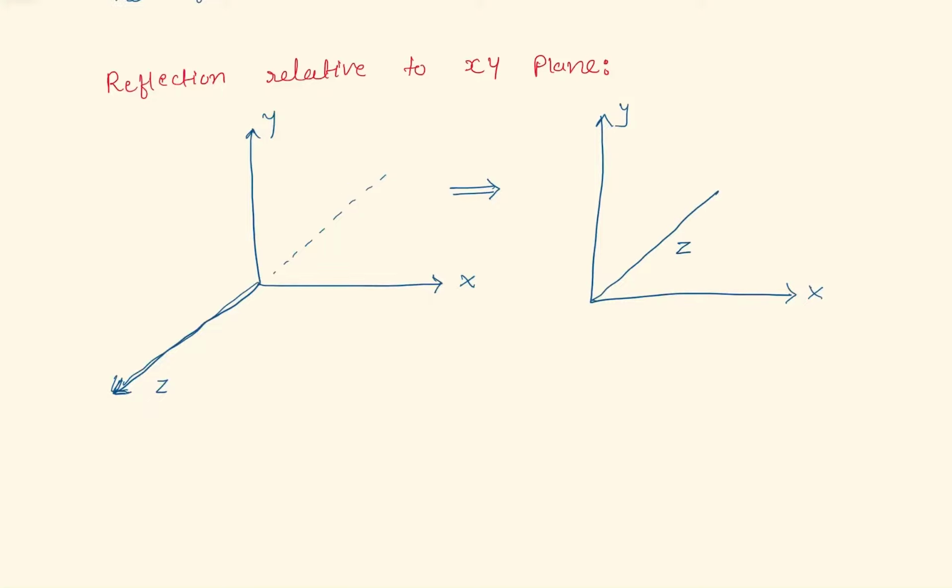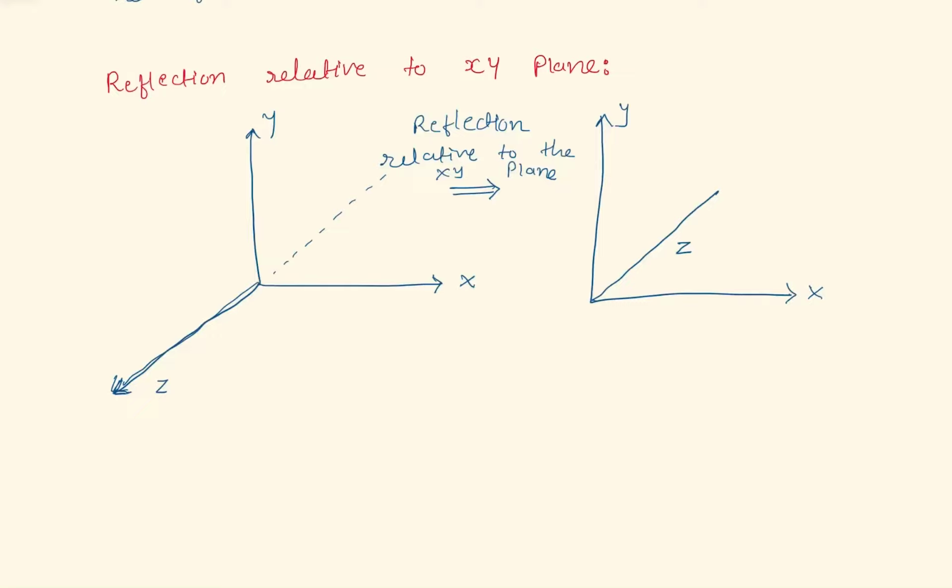So we can say that this is the reflection relative to the xy plane, right? So how do we make this reflection matrix?